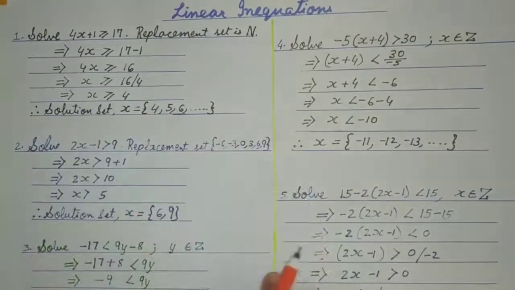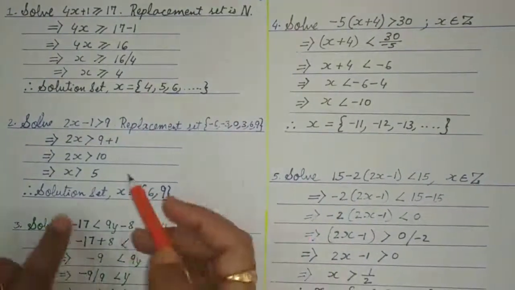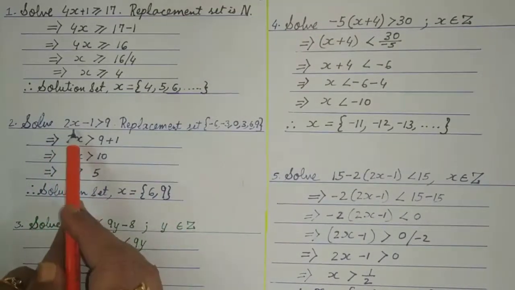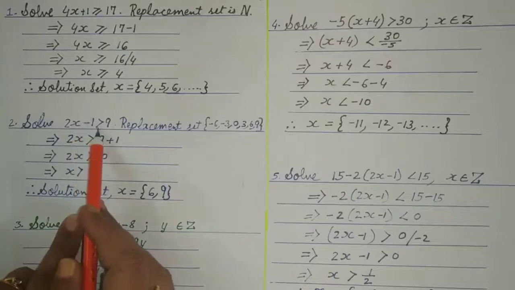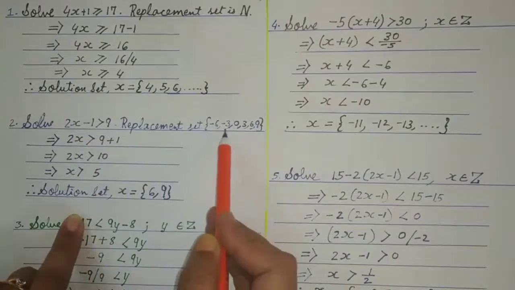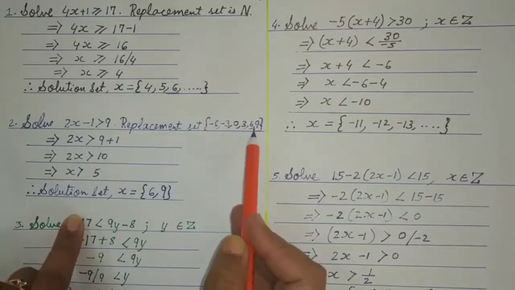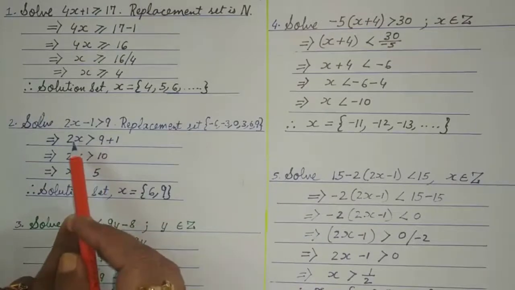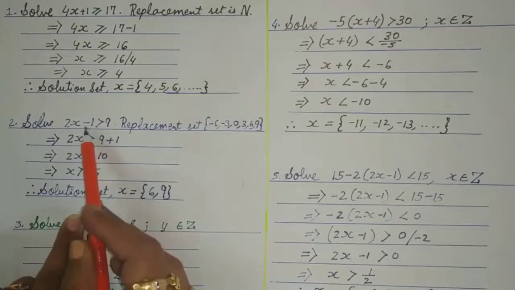The second question that I have taken for you is to solve the inequation 2x minus 1 is greater than 9, and the replacement set is minus 6, minus 3, 0, 3, 6, 9. These are the elements. On solving this, I get 2x greater than 9 plus 1.